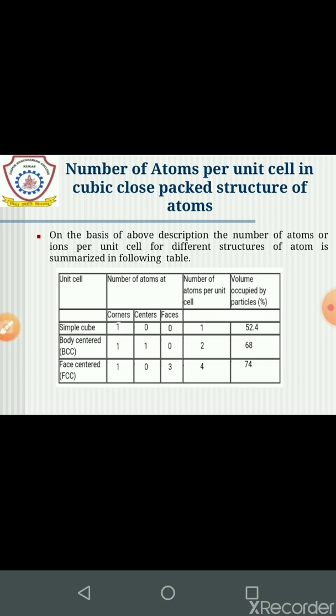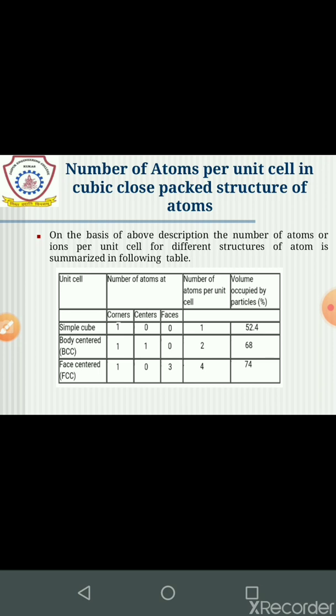There are 3 crystal structures: simple cubic, body centered and third one face centered. The number of atoms at the corner in simple cubic contains 1, in BCC contains 1, and in FCC similarly contains 1.